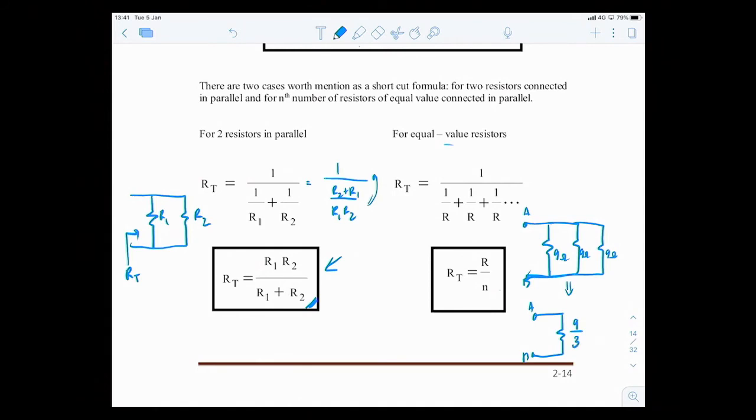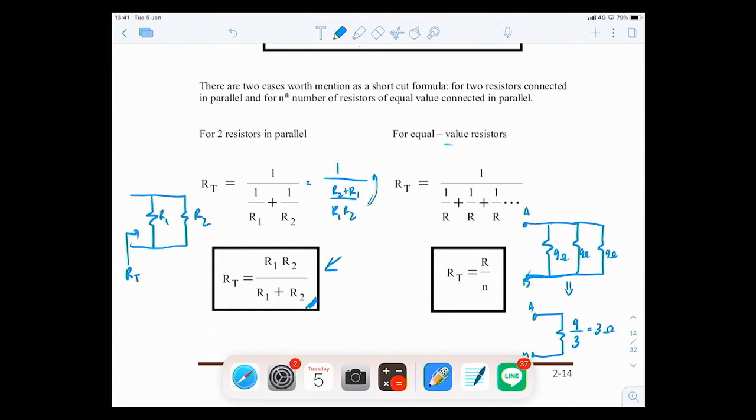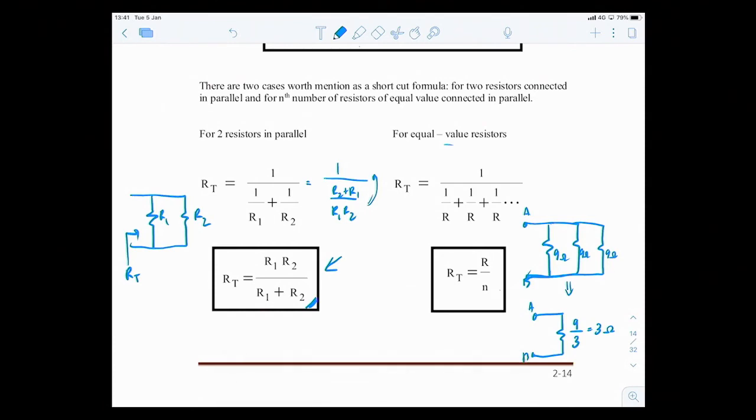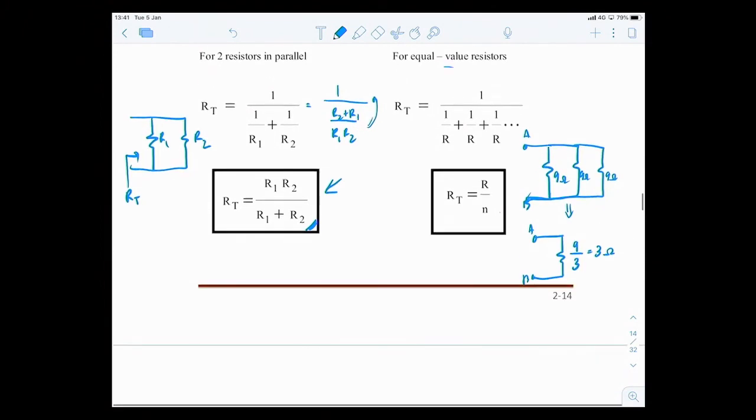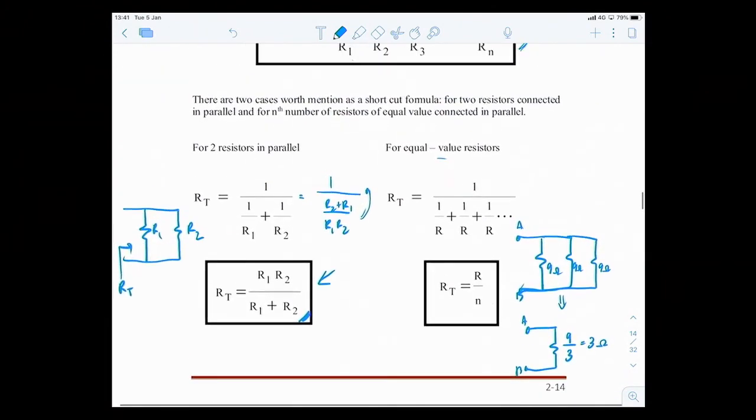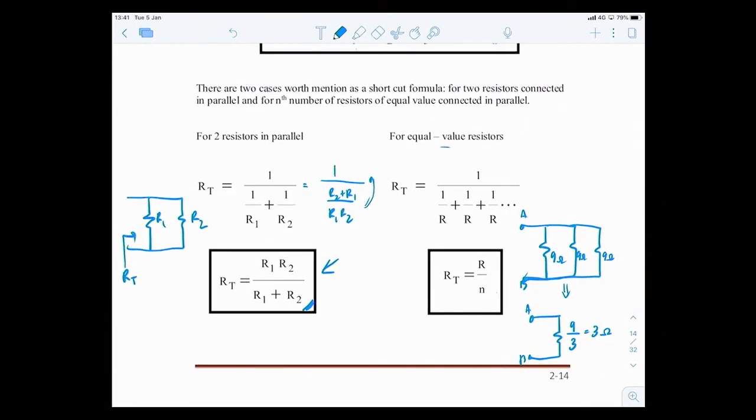So there are 3 of them. Therefore, you would have 3 ohms when you combine them together like this. So it just makes your life easier when you do your problems. You don't have to go through all the formulas and use a calculator. So this is what we got from KCL.